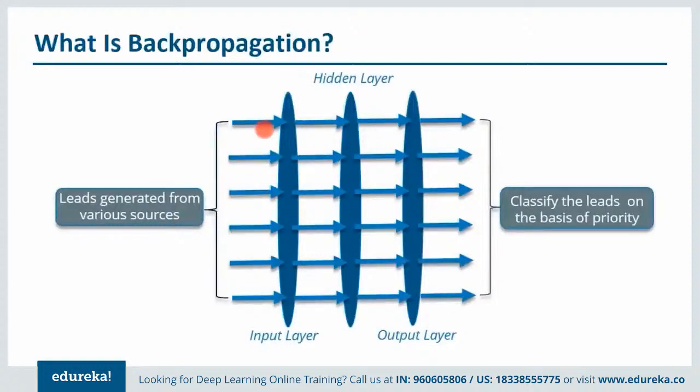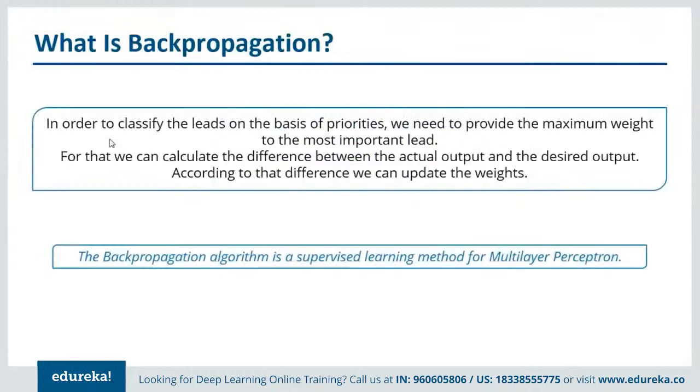How am I going to do that? First, we'll see the output. Then accordingly, we'll calculate the error. And based on that error, we are going to update the weights. This process is nothing but backpropagation in a nutshell. Although the algorithm is pretty complex, this is basically what happens. So in order to classify the leads on the basis of priorities, we need to provide the maximum weight to the most important lead.